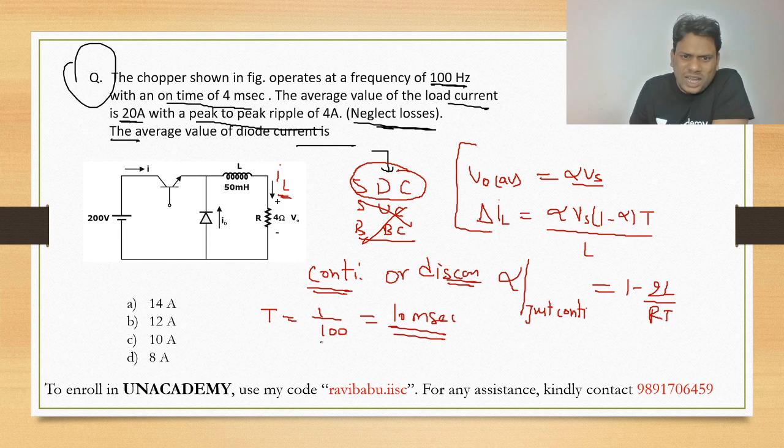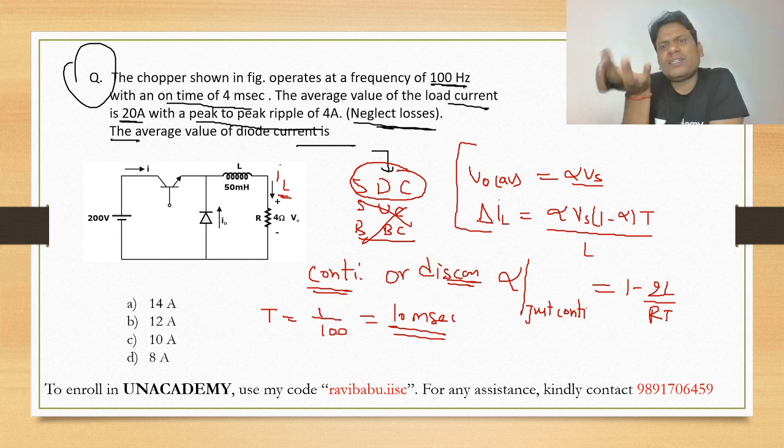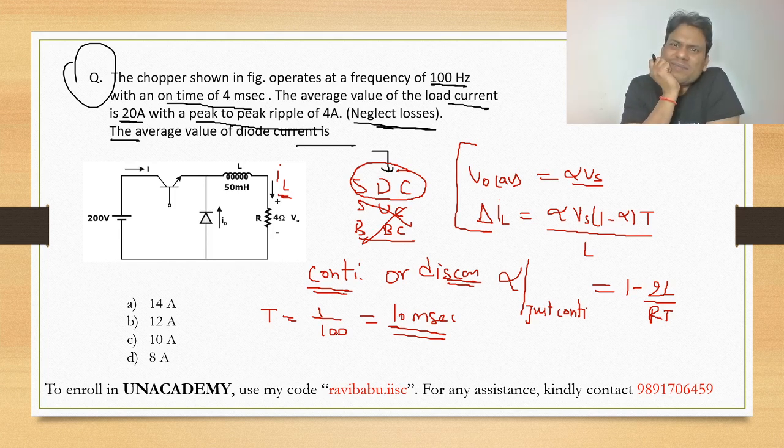My dear friend, this 100 Hz frequency is a very small frequency. Please mind it. We never design any power electronic devices at 100 Hz of switching frequency. It is very dangerous for the converter because switching loss will be high, and the transient time interval will be very large.